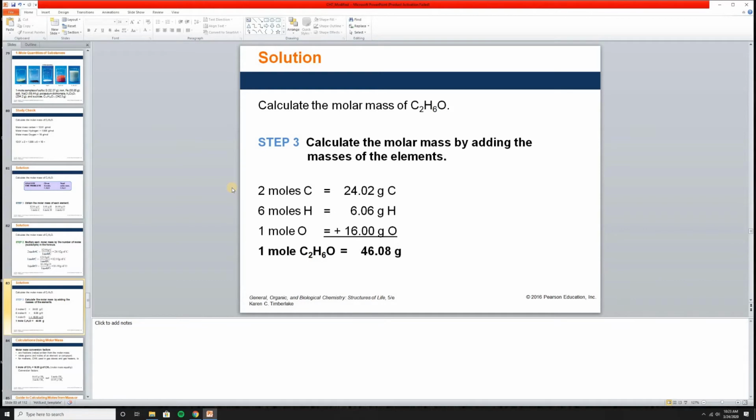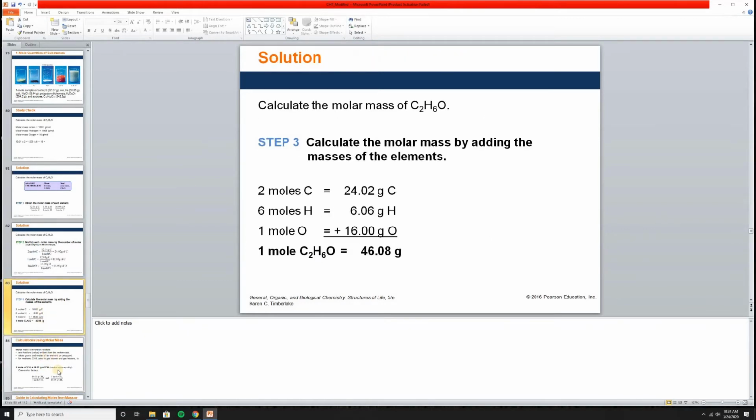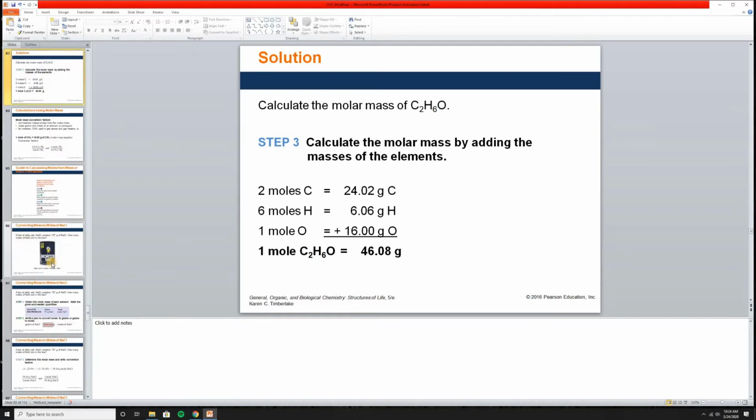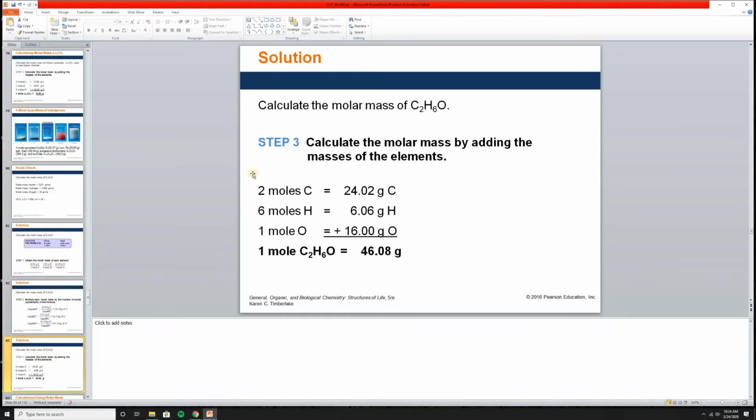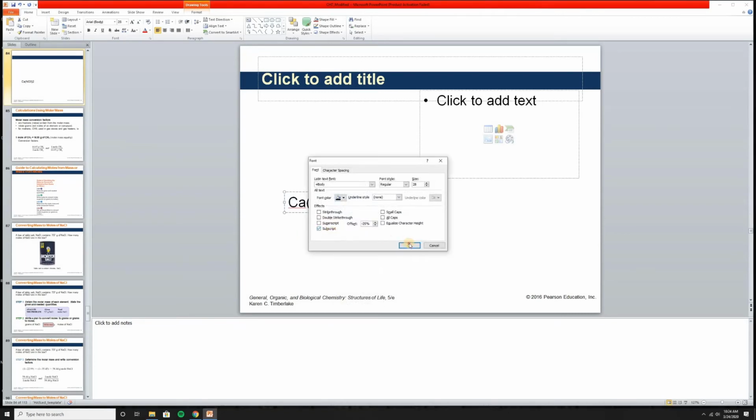The only tough part is, let's say you're doing the molar mass of something involving polyatomic ions, for example. So let's do another example. All right. So let's say we're trying to figure out the molar mass of Ca(NO3)2.